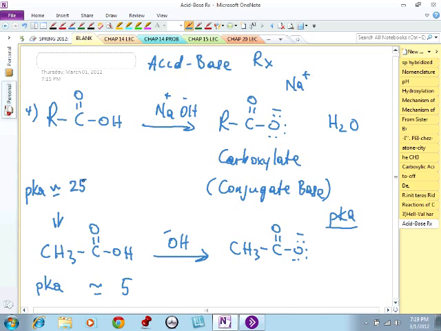So in the order of several trillions of times more. This is a lot more acidic than this. The lower the pKa value, the more acidic the hydrogen is. Keep that in mind. The lower the pKa value, the more acidic the hydrogen is.